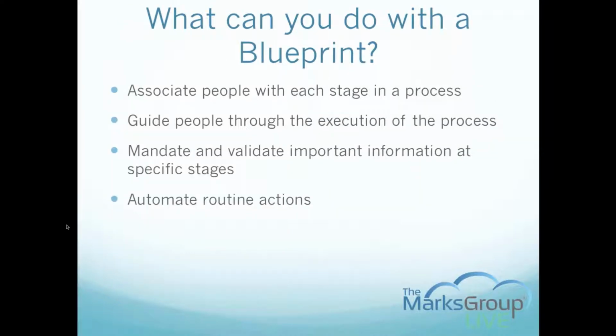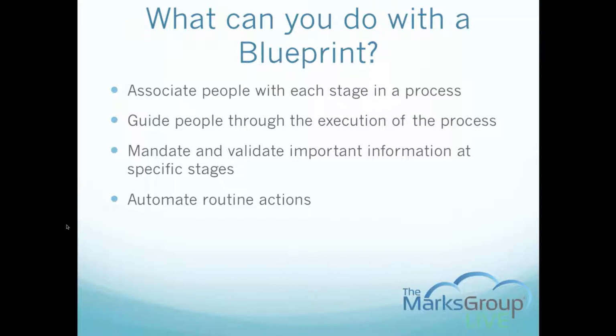So what can you do with a blueprint? There are actually a lot of things you can do. You can decide that at certain stages in a process, let's say in its approval stage, you need to make sure somebody, whether they're a user or not of the actual record that you have, does something at that stage. So you can associate them with that stage so they can take the action they need.